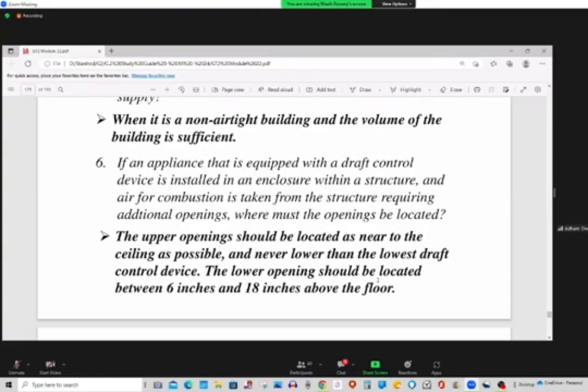The upper opening should be located as near to the ceiling as possible and never lower than the lowest draft control device. The lower opening should be located between 6 inches and 18 inches above the floor. Which clause number was it? 8.2.6.